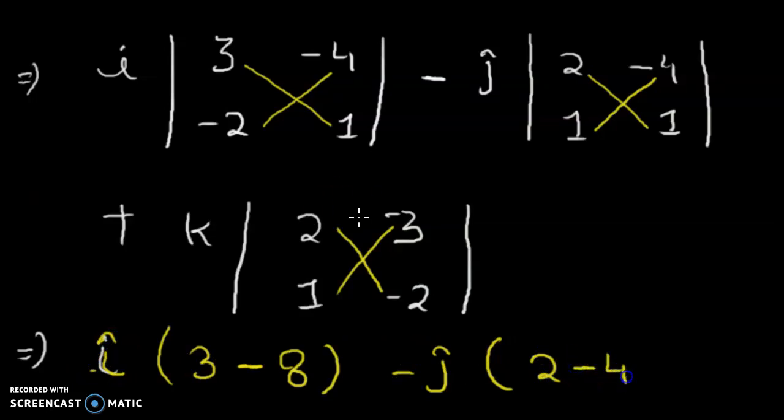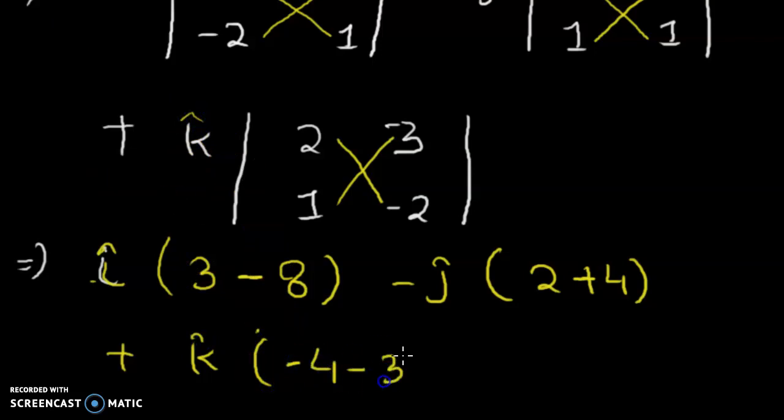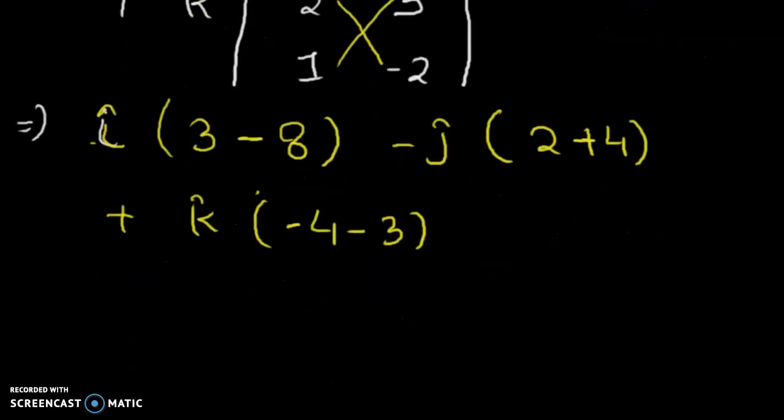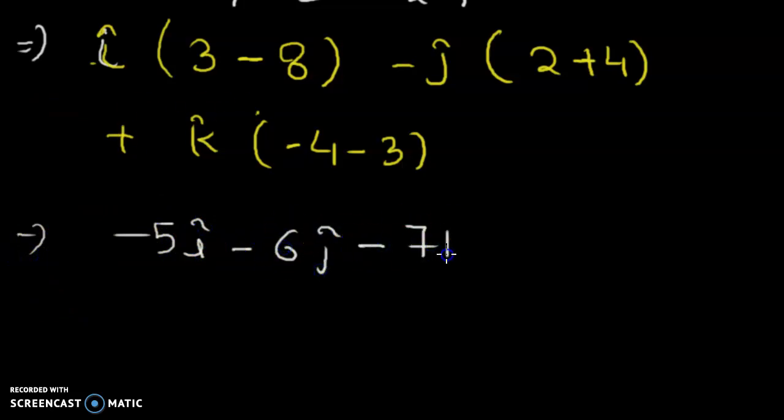Negative of negative 4, so it would be plus. Then k cap. 2 times negative 2 is minus 4, then minus 3. Now let's proceed forward. Minus 5 I cap minus 6 j cap minus 7 k cap.